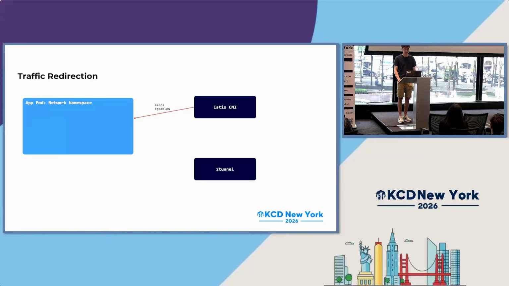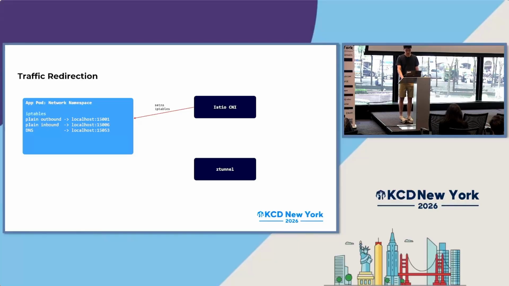The Istio CNI is going to use setns to enter the application pod's network namespace, and then it's going to use iptables to redirect traffic: plain outbound traffic to localhost 15001, plain inbound traffic to localhost 15006, DNS to localhost 15053, and some other stuff to set everything up.